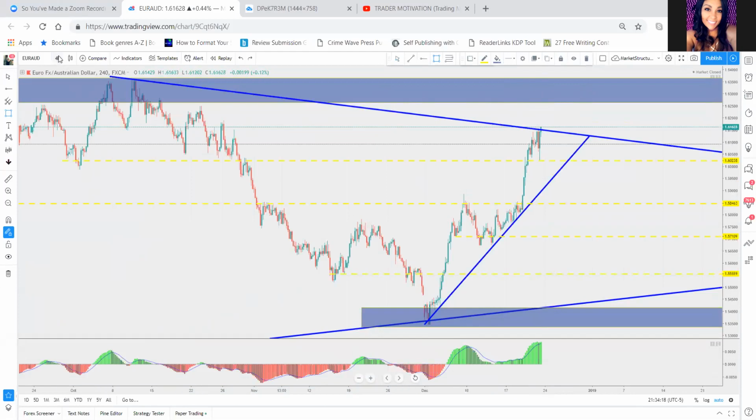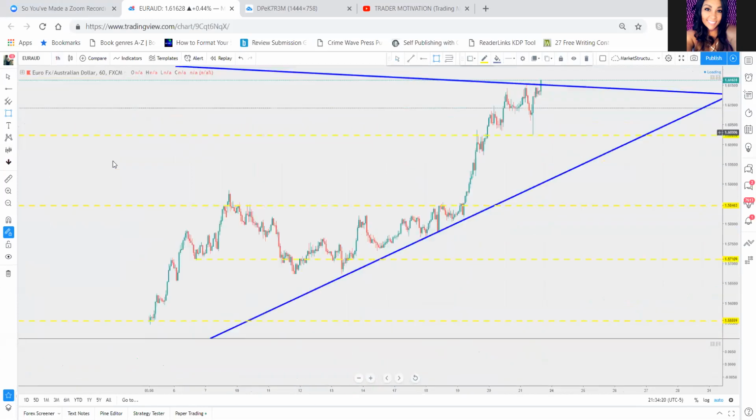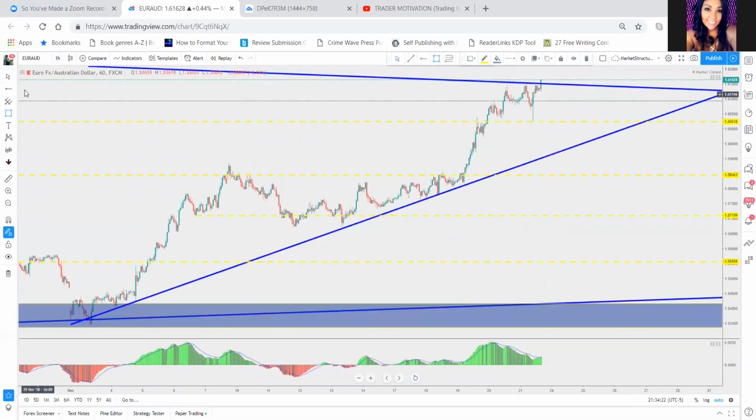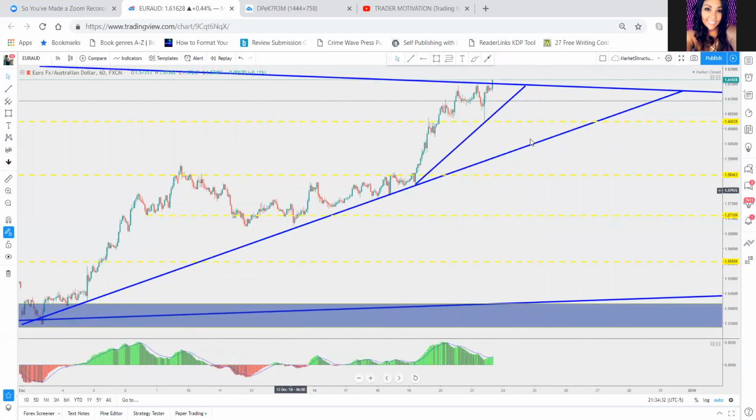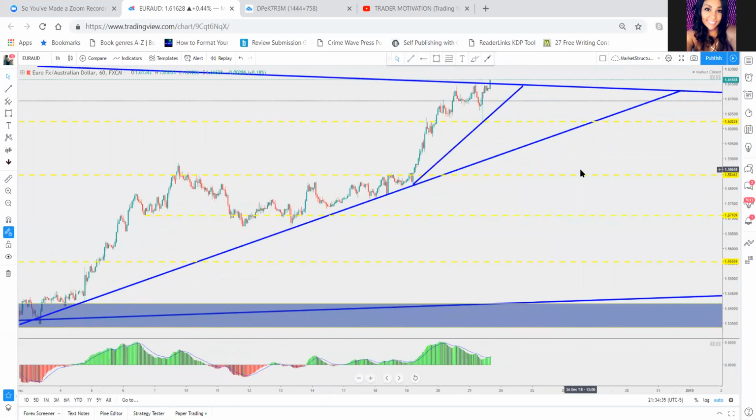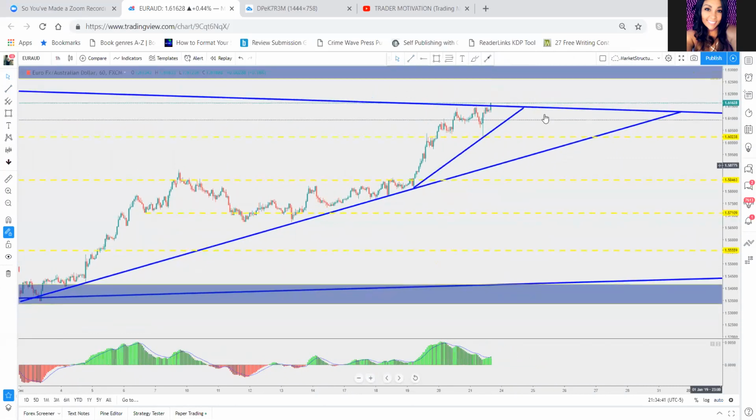So now we're going to go down. You can look at the 1 hour if you want. You could add an additional trend line there if you wanted to. Again, we're not going to go through the wick. I'm going to take this daily off because it's already been violated and broken through, so it really doesn't hold any value to me anymore.